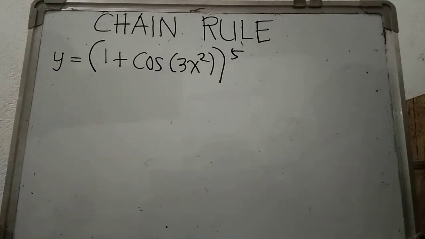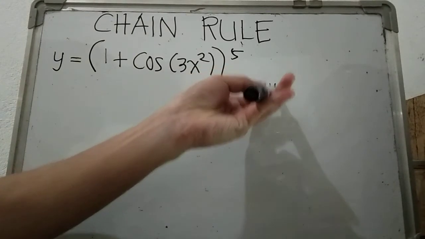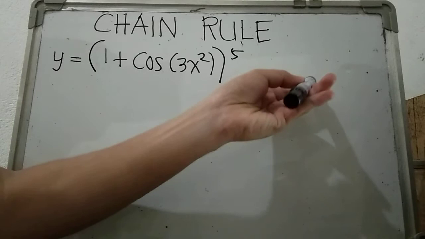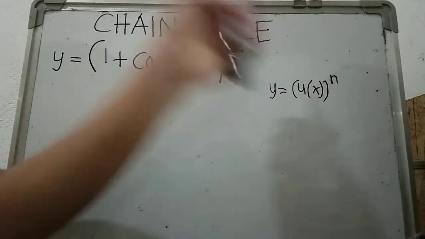Hello guys, in this video we will be discussing finding the derivative of a trigo function using the chain rule. Now if you could recall from the definition of the chain rule, we have the expression y is equal to u of x raised to the power of n.